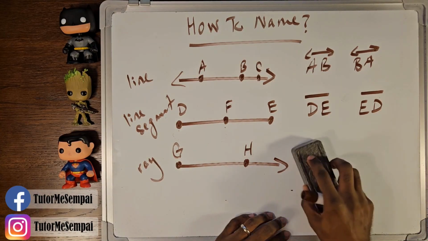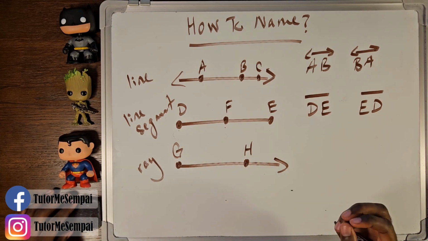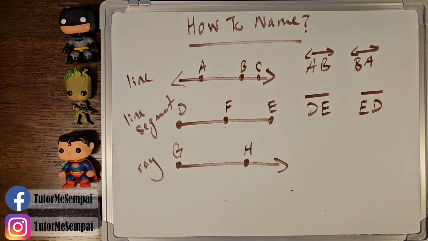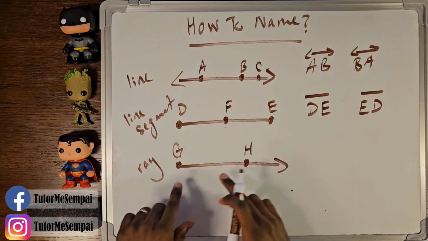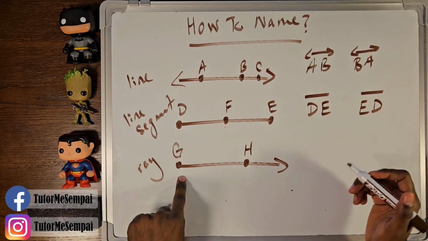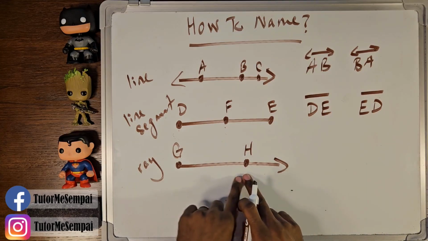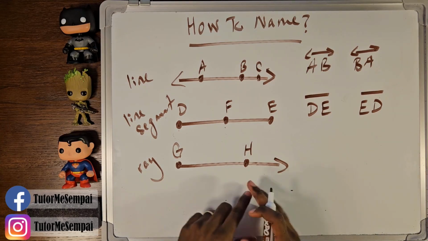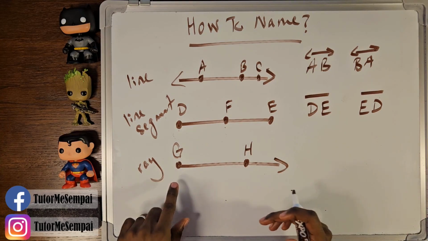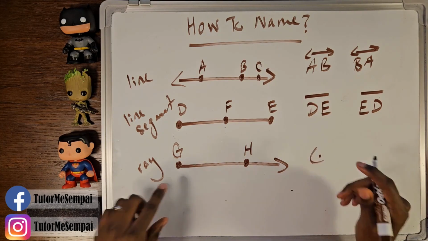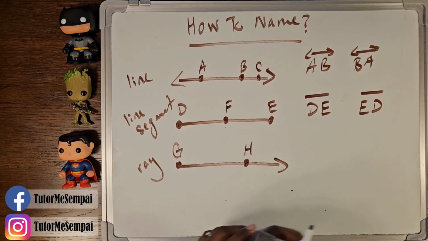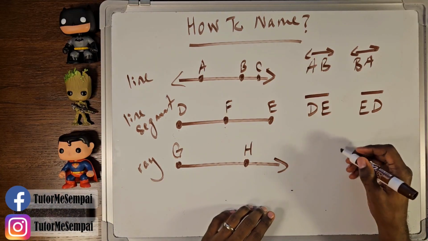However, what I want you to focus on is the fact that rays are very, very different in this regard. In this case, rays want to make sure that you're starting at the same point that your ray starts with. So instead of starting at H, which is inside your ray here, you see it keeps going on and on forever, we're starting at our starting point G. So instead of having both, let's just put it in the middle to signify we're not going to have both.